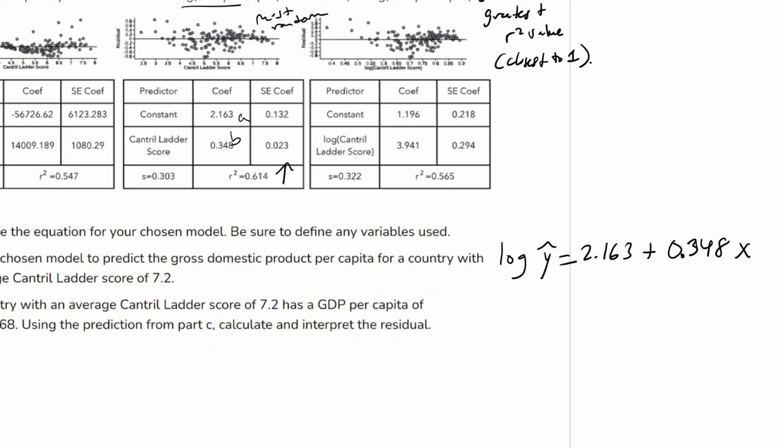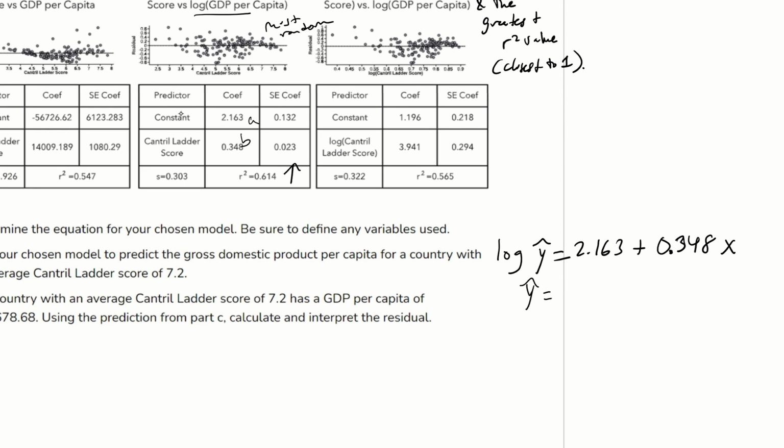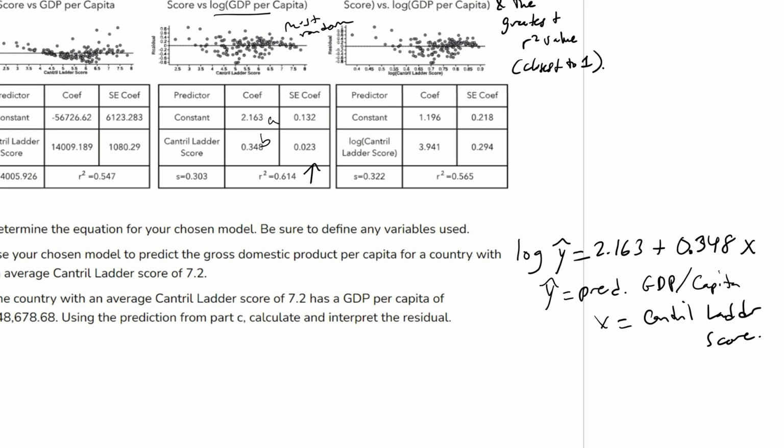All right, so there's my model where y hat is predicted GDP per capita, x equals Cantril ladder score. All right, so that takes care of part B.